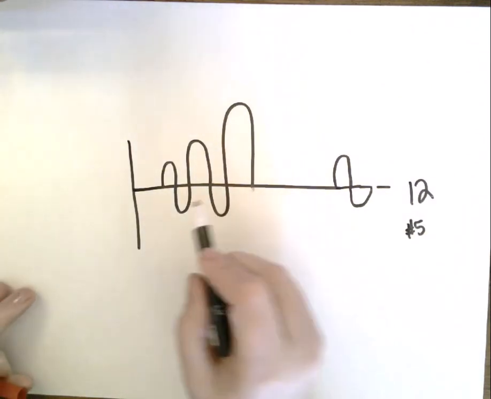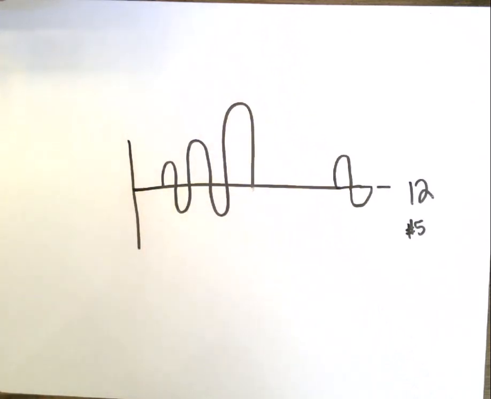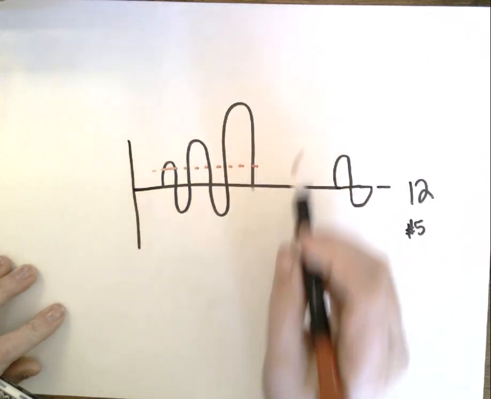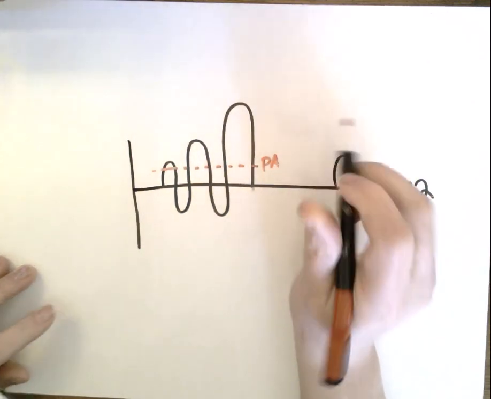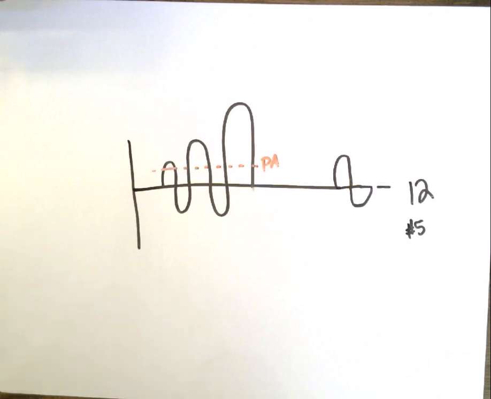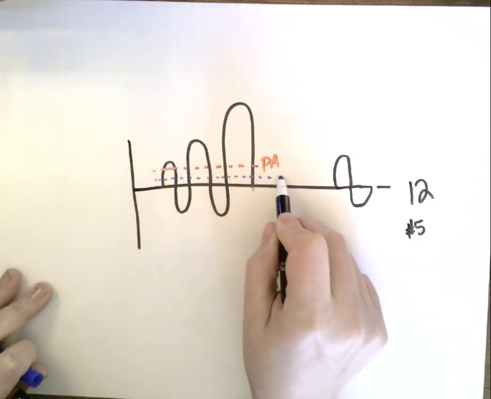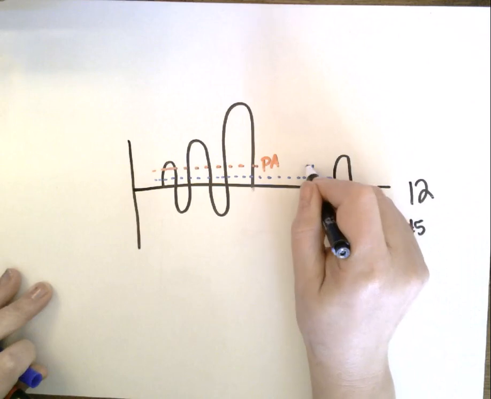Again, pulse average is only looking at the time that there is a pulse present. So pulse average is going to only be pulse. Temporal average then is going to be both on and off time. So we're going to include the time during the pulse, and we're going to include that off time.